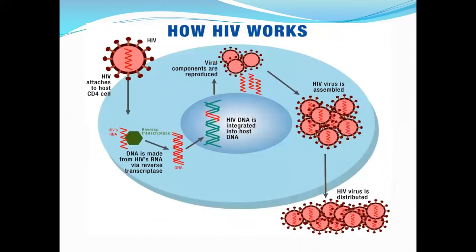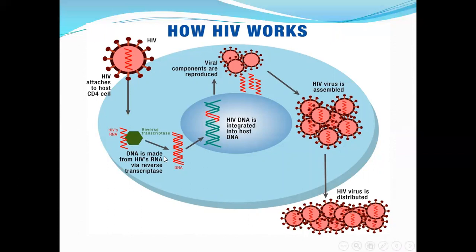How does the HIV virus work and how does it affect the T lymphocyte in the body? When this virus enters the human body, the target, as we say, is the T lymphocyte, which is the CD4. The virus attaches to the T lymphocyte by glycoprotein 120. In the presence of reverse transcriptase and RNA of the virus, it will make a new DNA.